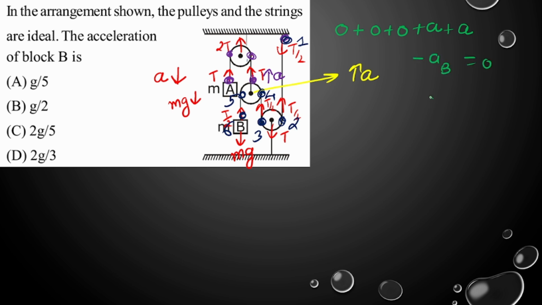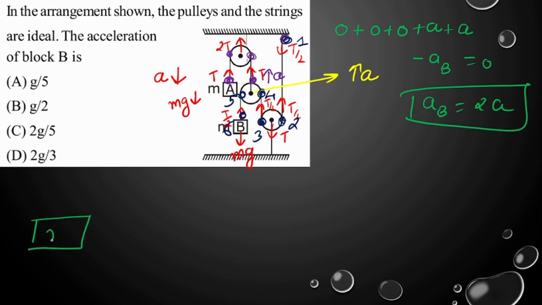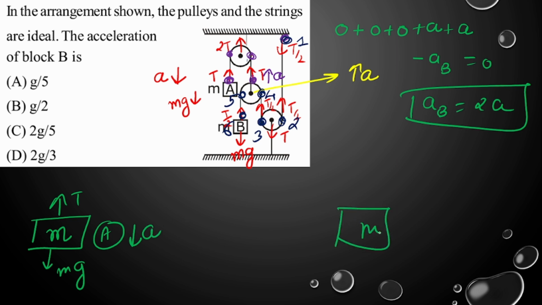Now let me draw the FBD. Block M, this is for point A. Tension is in the upward direction, mg is in the downward direction, and acceleration is a. And for point B, mass M, mg is in the downward direction, tension is half, T by 2 is in the upward direction, and the acceleration I have considered is in the upward direction, and that is 2a.